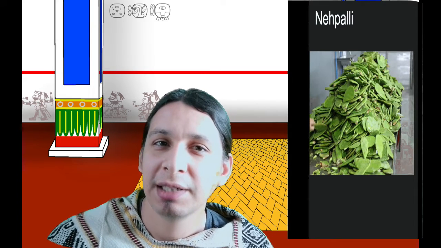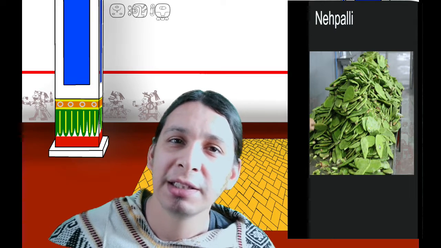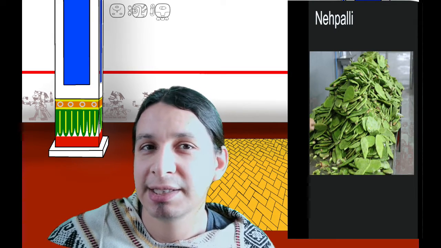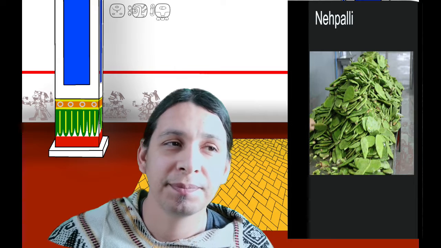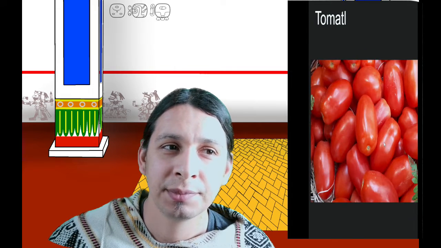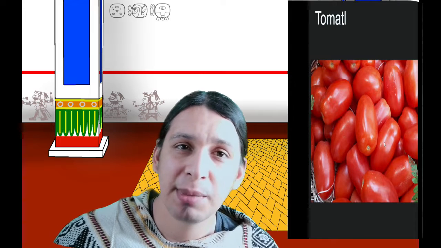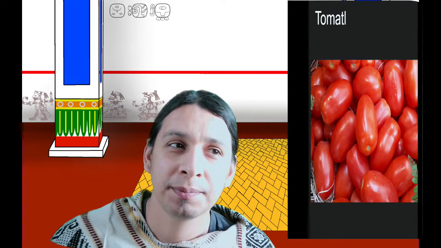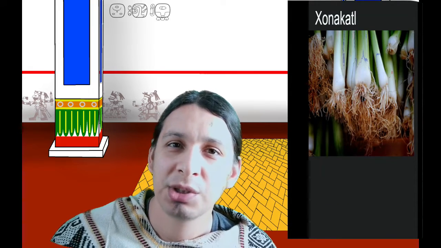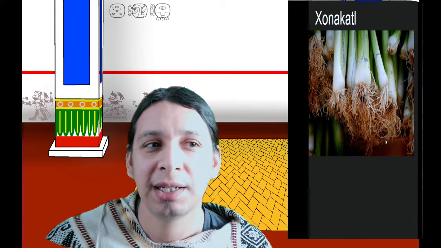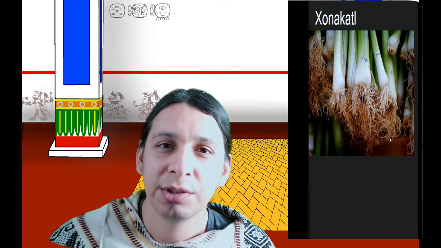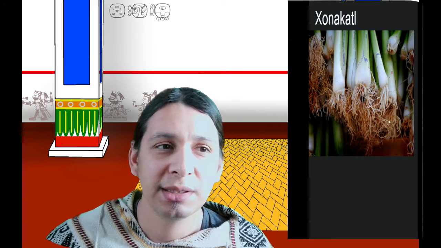Nehpali, and in some varieties it's nohpali. For some reason in the Huasteca it's nehpali. Tomatl, especially the smaller kinds. Xonacatl. This is your wild onions that grow in Mexico.